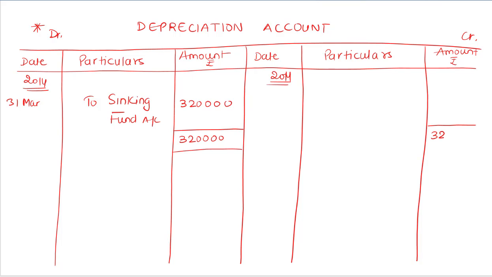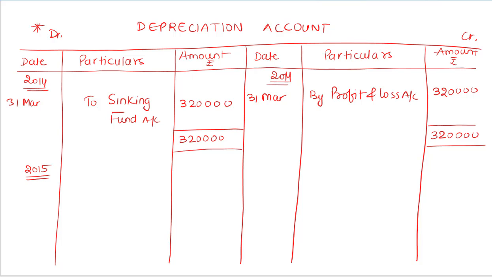So on the credit side, let us do the totals: 3,20,000. On 31st March, by profit and loss account, 3,20,000.